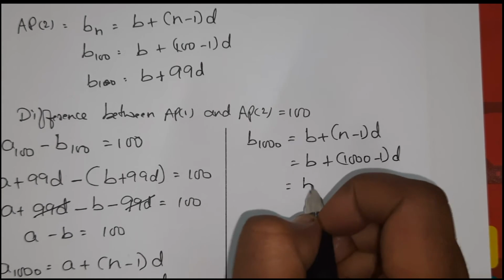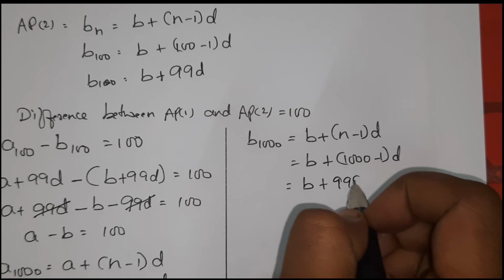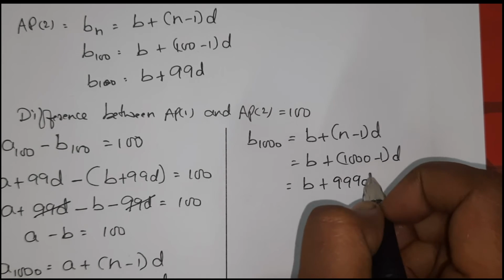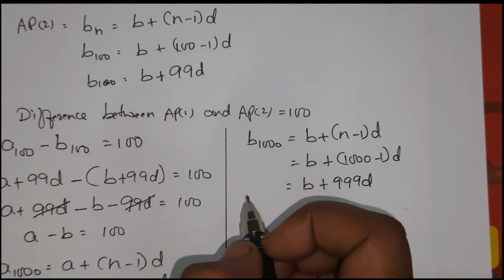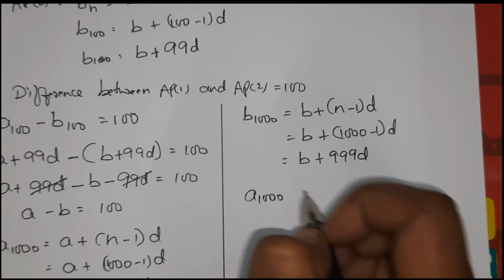Okay, and then it will be b plus 1000 minus 1, that is 999d.